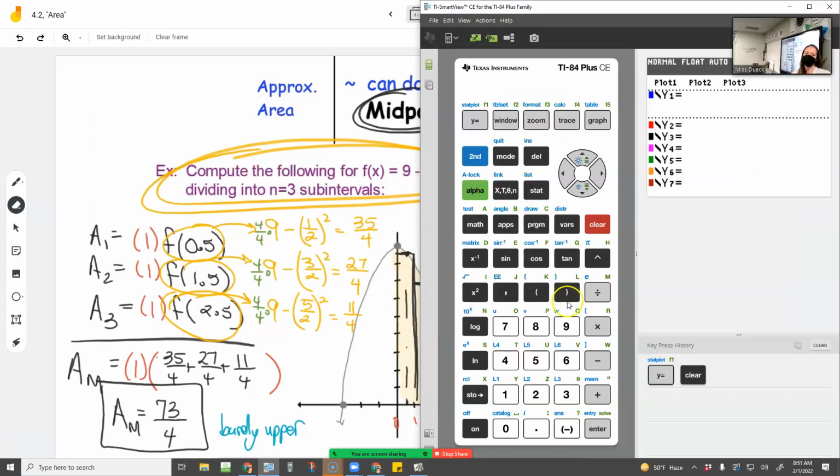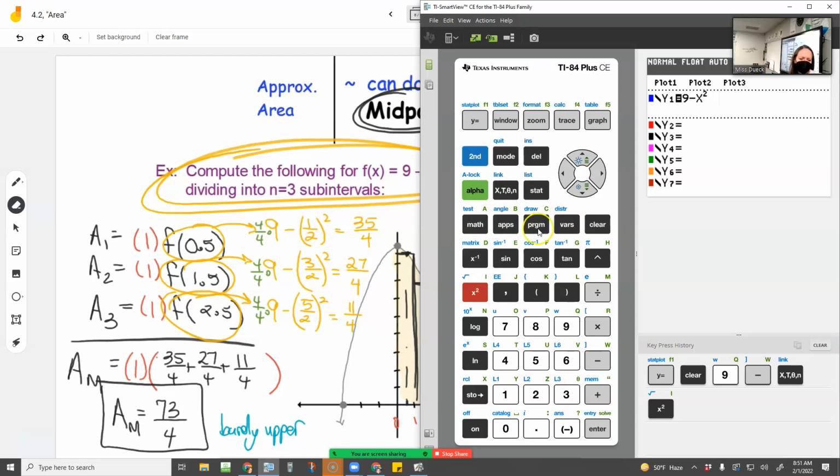In your calculators, I'm having you graph 9 minus x squared. Now, let me be super honest, okay? There are programs I could give you, and I've done it in the past, that say, give me the function, I'll just spit it out. You can program your calculator with games, you can program your calculator with programs. There is a Riemann approximation program.